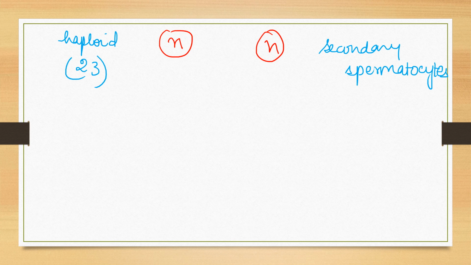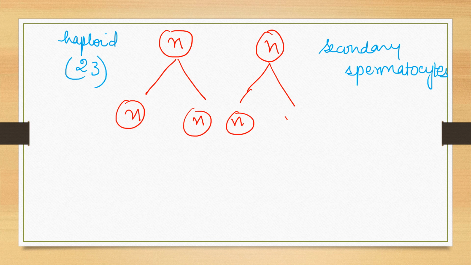Now they undergo another meiotic division, that is, they again divide and form four equal haploid structures known as spermatids. Please note, they are not sperms yet. These are just intermediate steps which will subsequently lead to the ultimate formation of the male sex cell, the sperm.